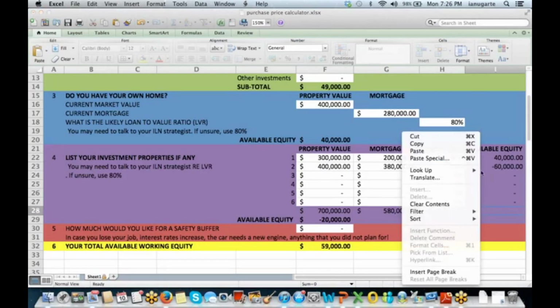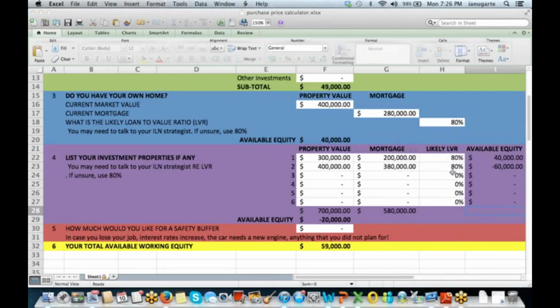In the right-hand column you can see that, because it's dropped in value and I've got a loan at 380, if I got an 80% loan, I'd actually have to give the new bank back $60,000. So I've gone backwards, and you have to be wary of that. This is where the strategist is going to say, all right, we need to leave that one alone and not talk about it.